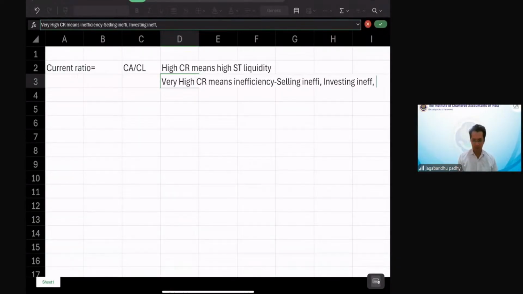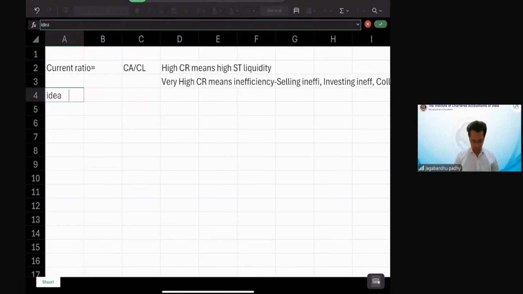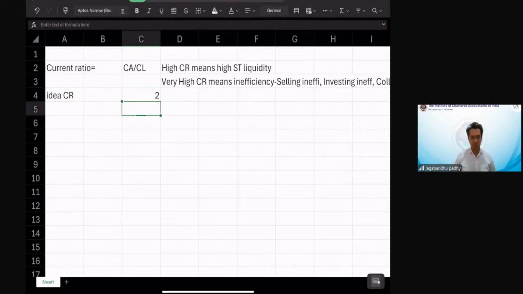You can also say that if you're having a high amount of debtors in your books, that indicates collection inefficiency. That's the current ratio. So the ideal current ratio we had stated should be 2:1, right?